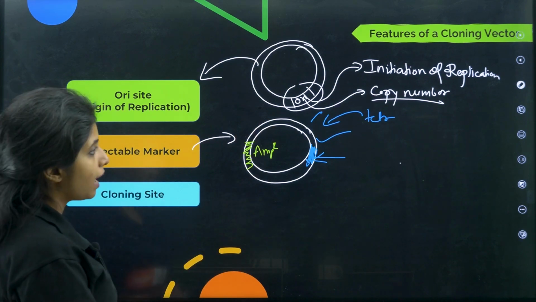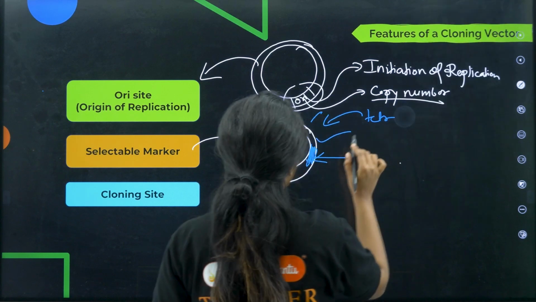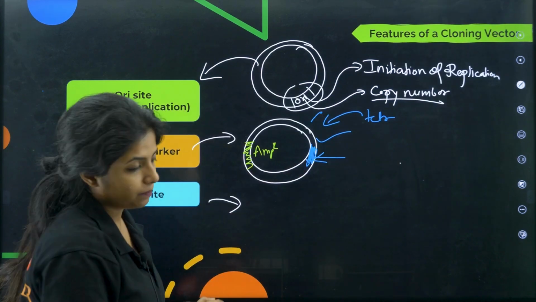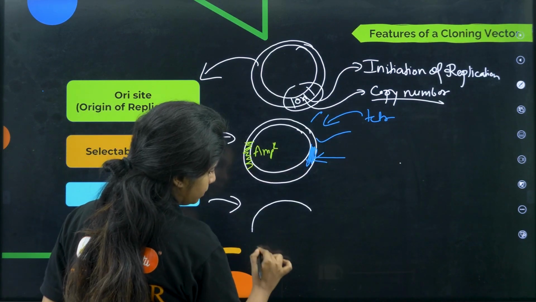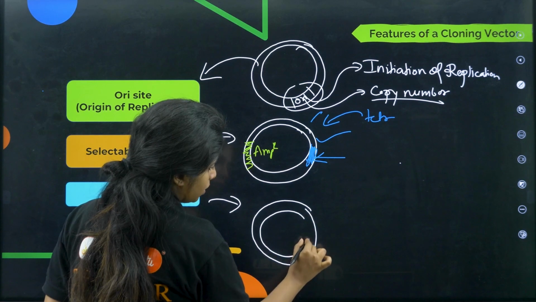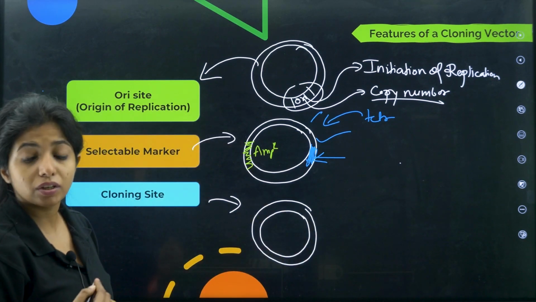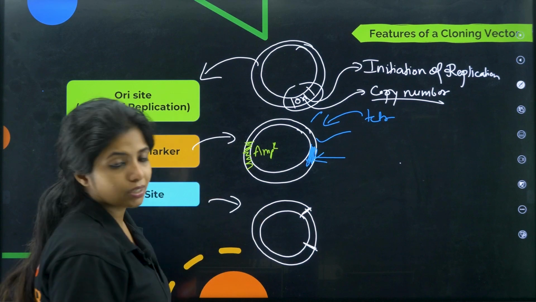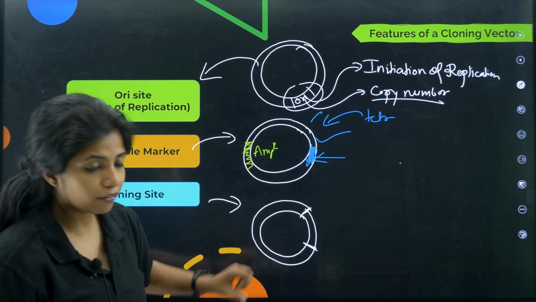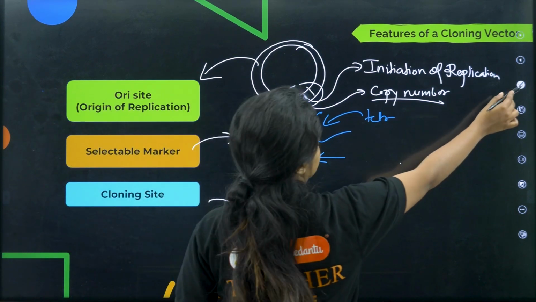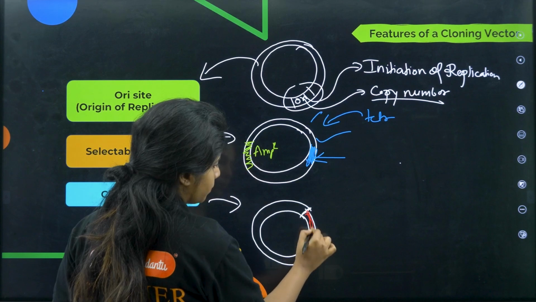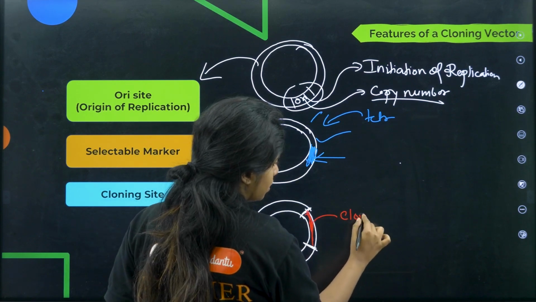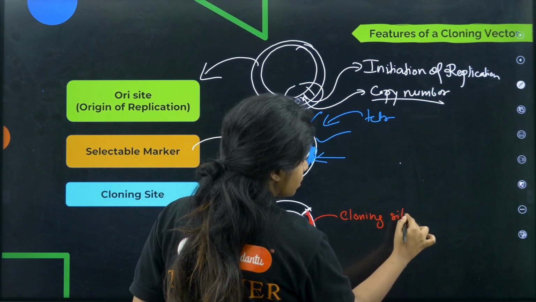Next, it should have cloning sites. What do you mean by cloning sites, children? For example, this is the DNA. There should be recognition sites for enzymes. Suppose these are the enzyme recognition sites. Here the cut will be made, and here whatever I need is inserted. This is known as a cloning site, the same as a recognition site.